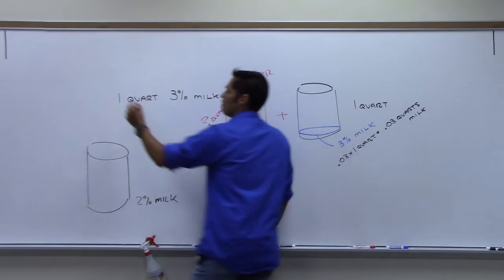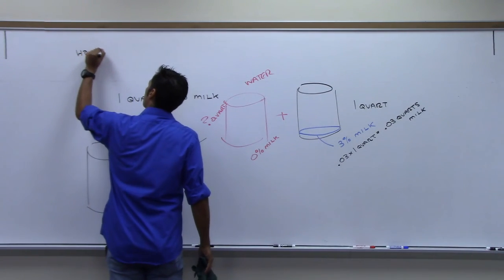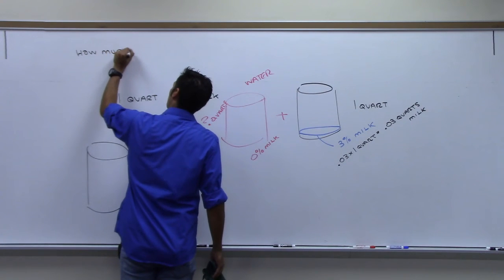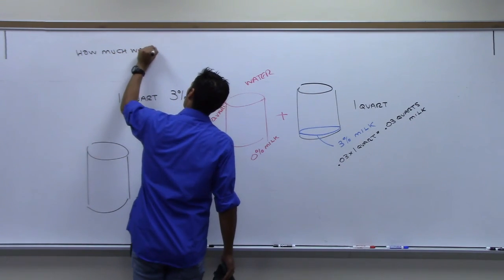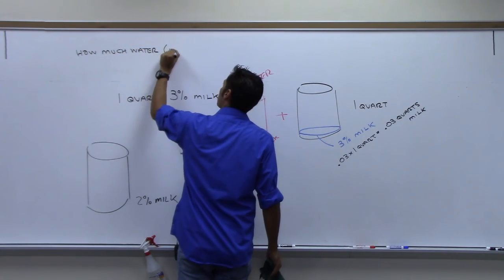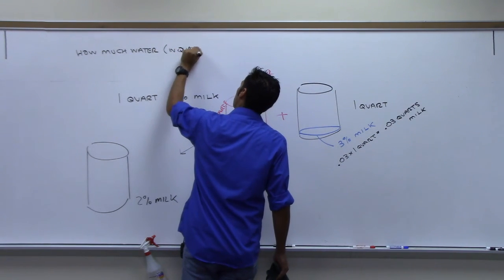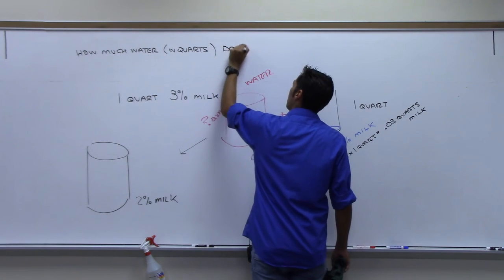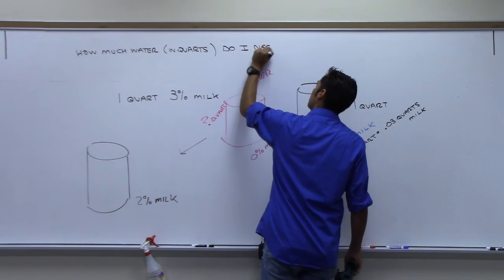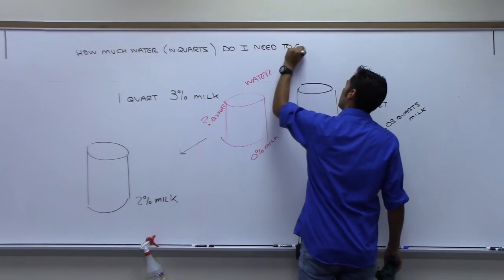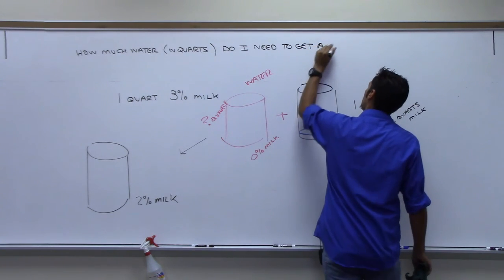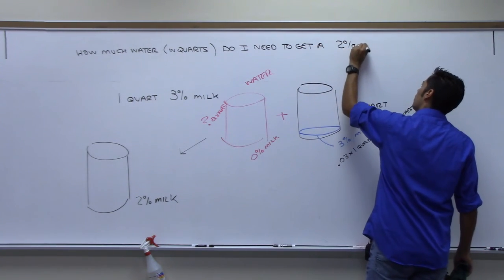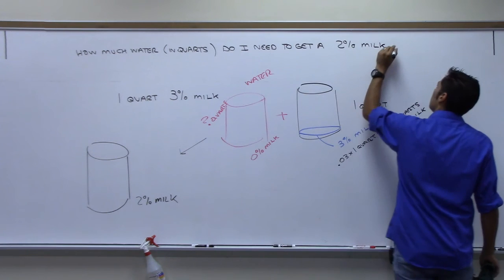So I'm going to write that down. How much water in quarts? Why am I in quarts? Well, because that's what they started with, right? Quarts. Do I need to get a 2% milk mixture?